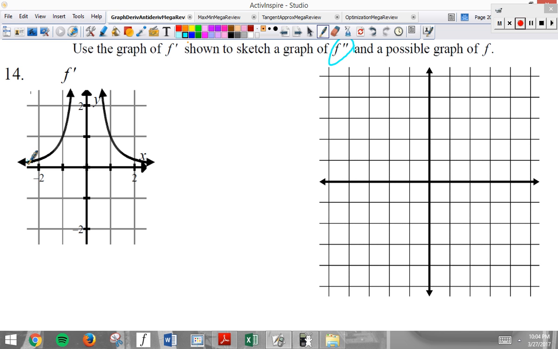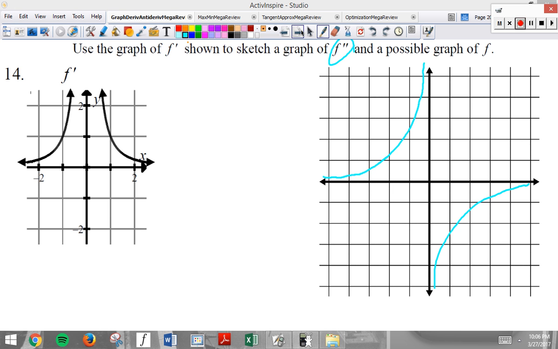Slope starts out near 0, increases to some fabulously large number. Starts out near 0, increases to some fabulously large number. Starts out at some fabulously large negative number, increases towards 0. Good?